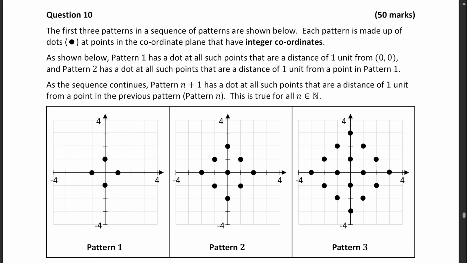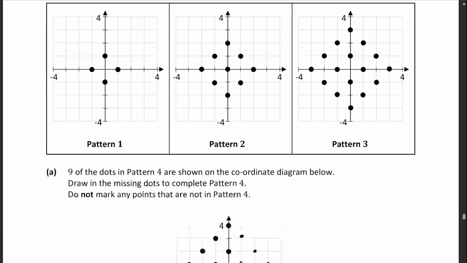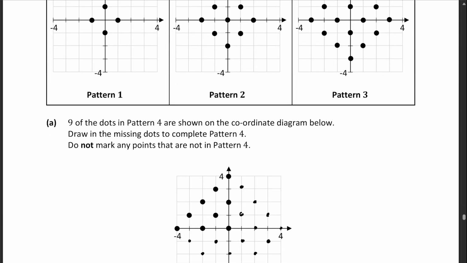The dots, the corner points have interior corners. All dots are 1 unit away from a point. Okay, so all 1 unit away from the previous point.